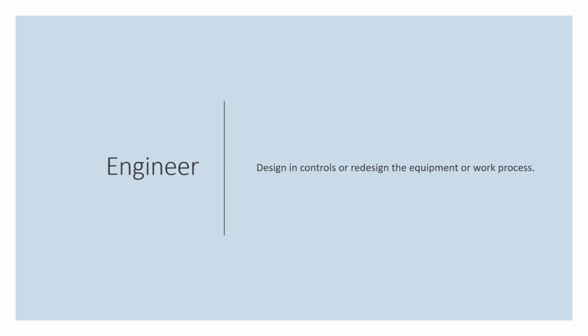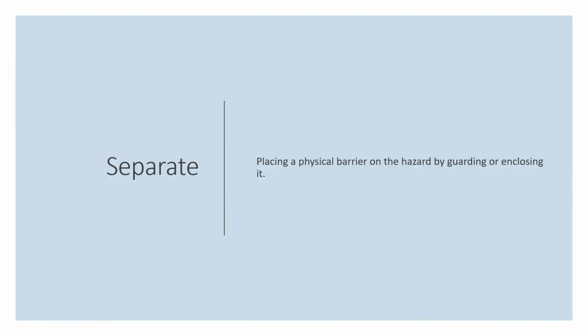You can engineer it so that you design in controls or redesign the equipment or work process in order to lower the hazard. You can isolate or separate the risk, placing a physical barrier on the hazard by guarding or enclosing it completely.